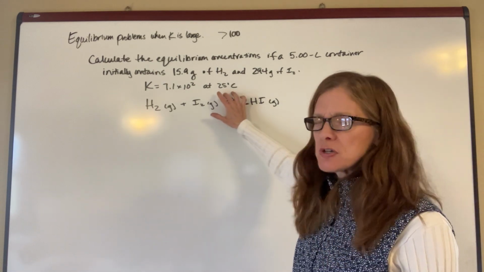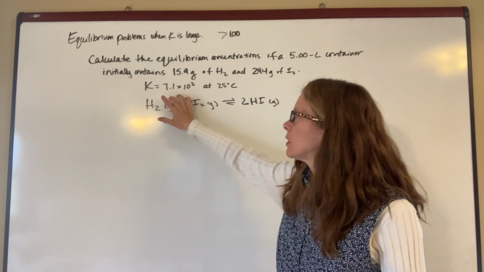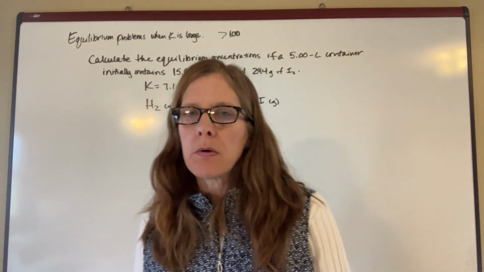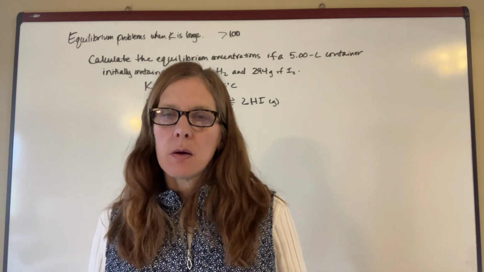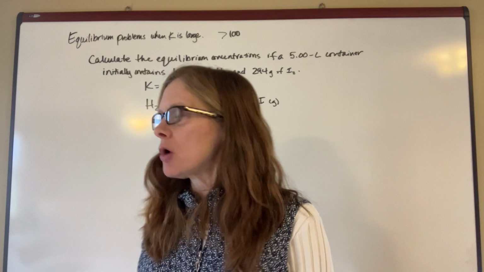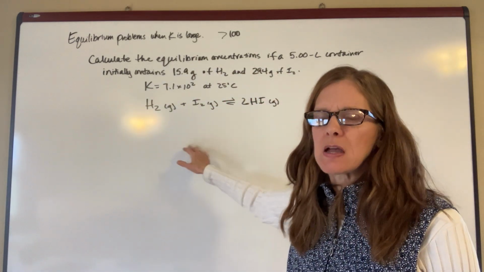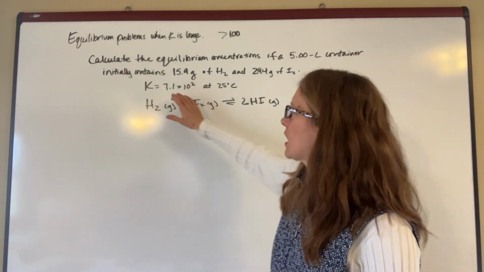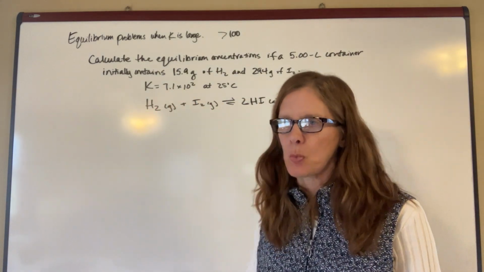And now my temperature is much lower. And you'll see that my equilibrium constant is much higher, because we've always talked about before how equilibrium constants depend on the temperature at which the reaction is taking place. So don't think I'm just making things up because the temperature was different. That makes the equilibrium constant change as well.